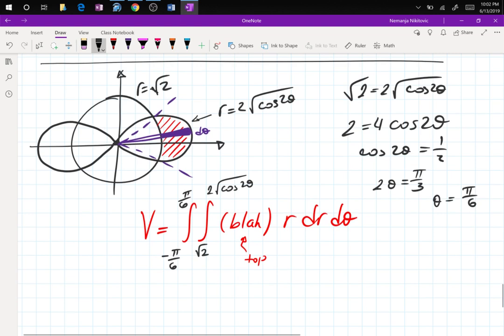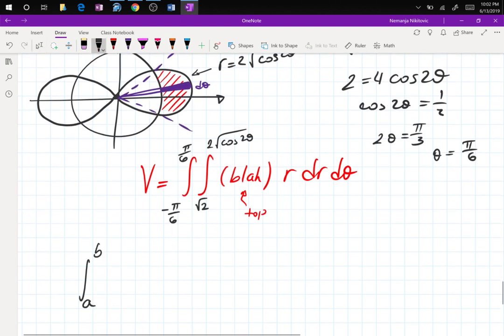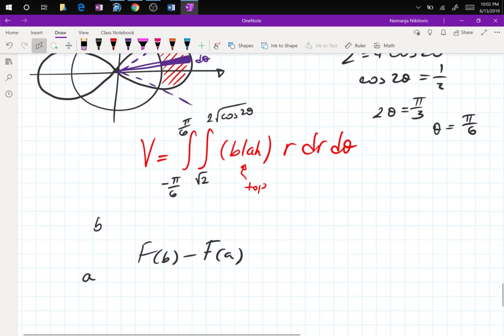You all know that when you solve the basic integral, you had a, b, and then you had f of b minus f of a, right? So that's exactly what you need to think about now. Generally, I suggest students think about far and close.